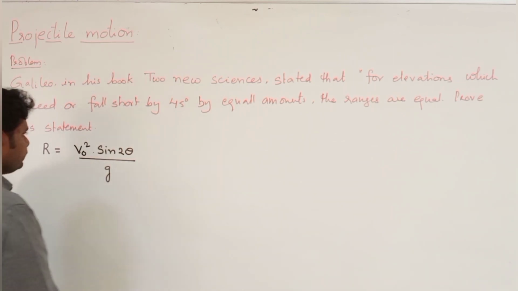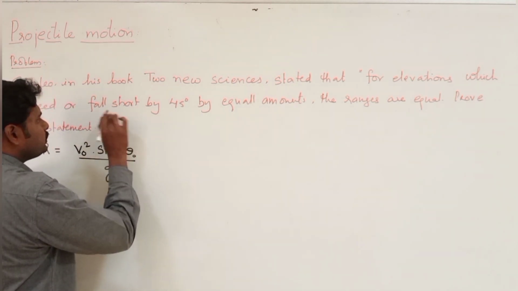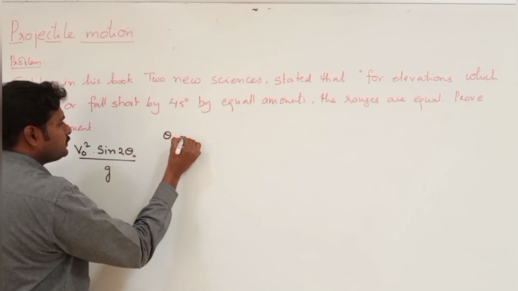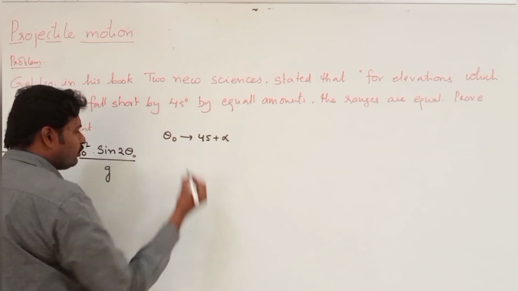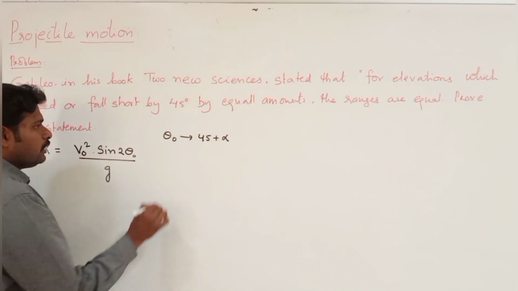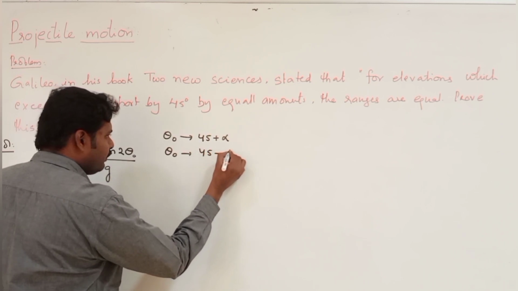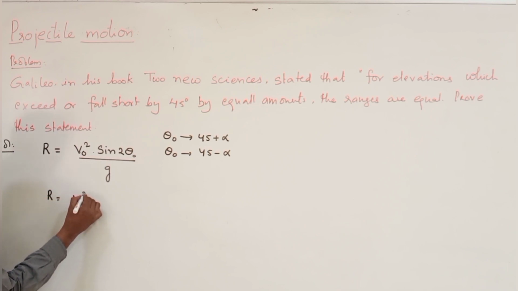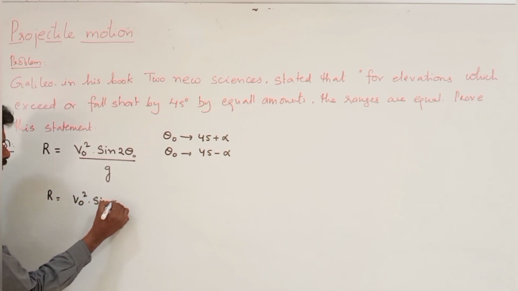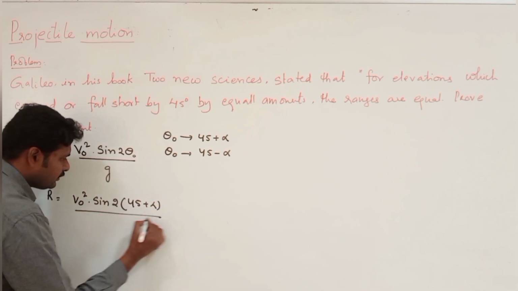What is theta or theta naught, whatever it is? Theta naught exceeds 45 degrees by an equal amount of angle alpha, or theta naught can be a shortfall by alpha, then substitute and see what you will get. R is equal to v naught square sin 2 into (45 plus alpha) by g.